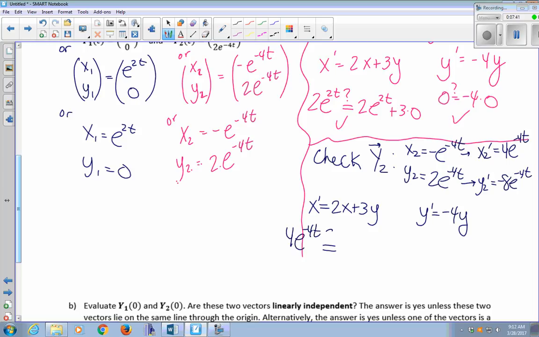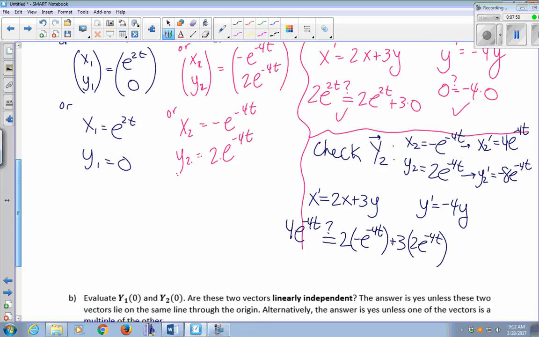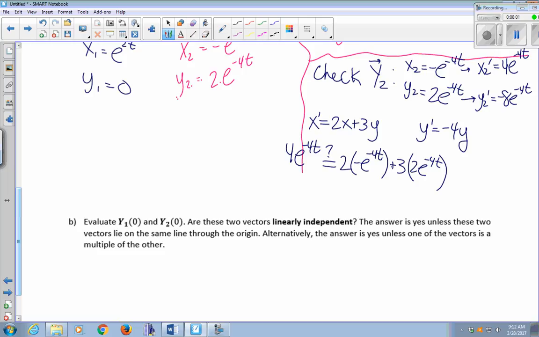And I need to see, does that equal 2x plus 3y? 2 times x, which is negative e to the negative 4t, plus 3 times y, which is 2e to the negative 4t. Is that equation true? Yeah, because this is a negative 2e to the negative 4t. This is 6e to the negative 4t. Those end up being equal, yes.